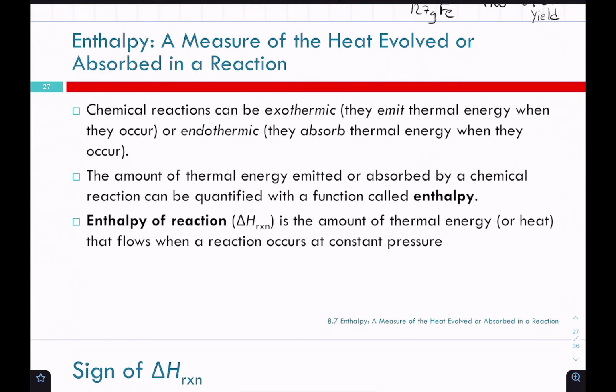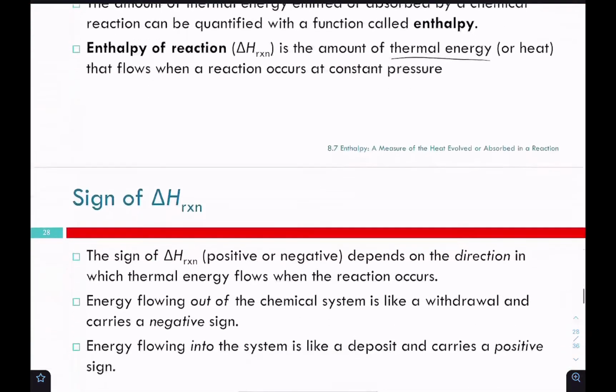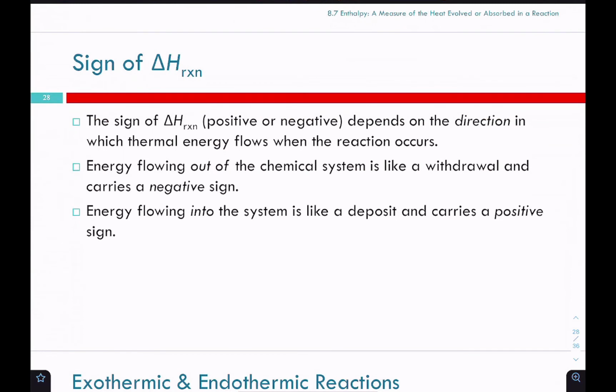So that amount of energy that gets absorbed or emitted is called enthalpy. And we can calculate an enthalpy of reaction, which is the amount of thermal energy or heat that flows when a reaction occurs at constant pressure. I don't really have to worry about the pressure stuff for now. So the sign of this delta H reaction, that's our enthalpy of the reaction, that's how much the heat changes.